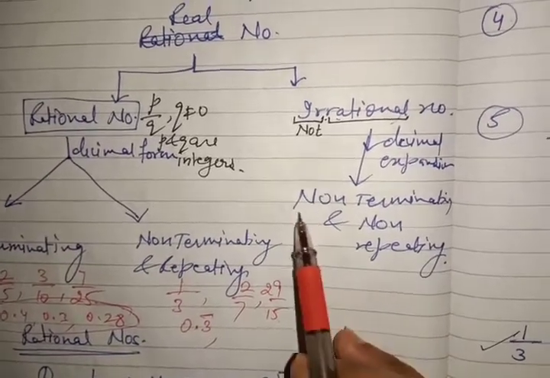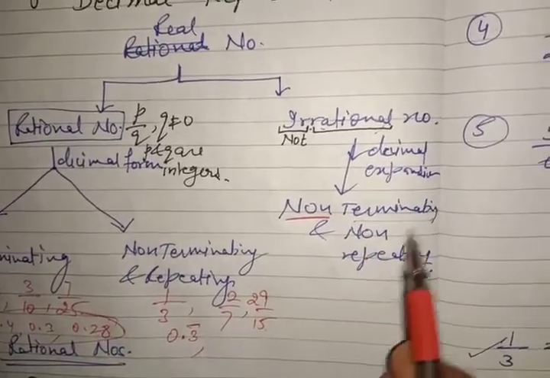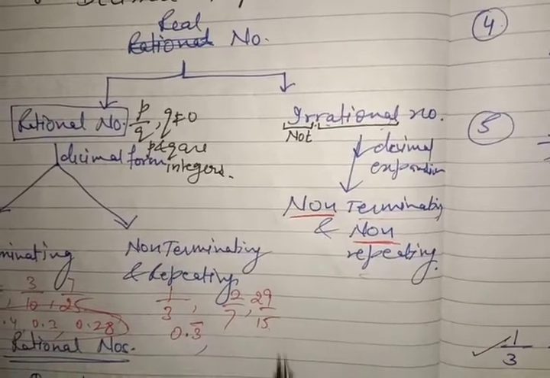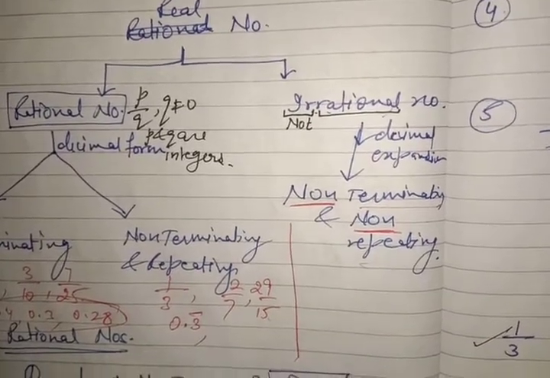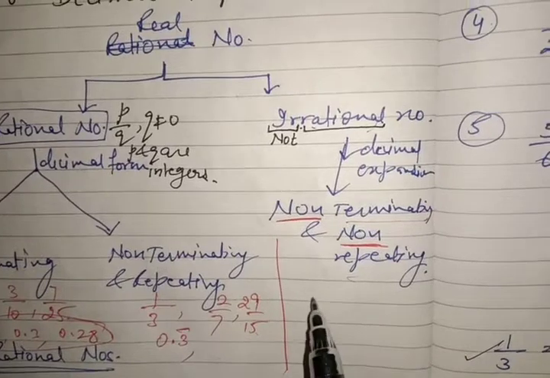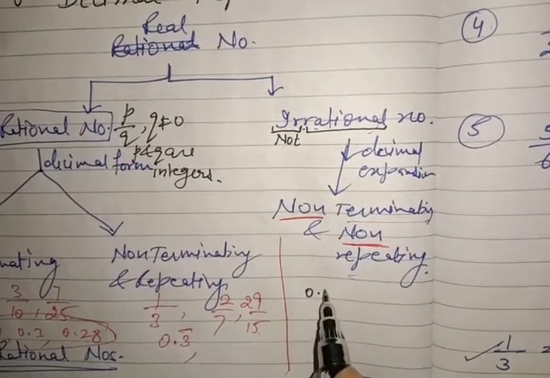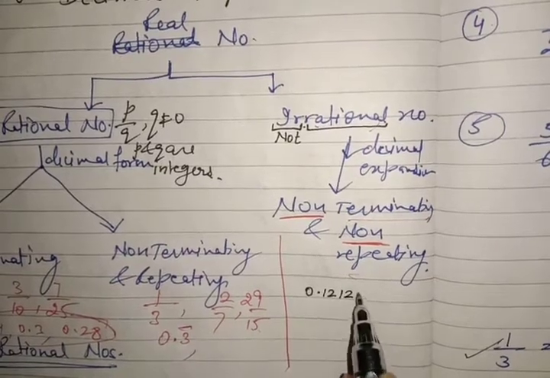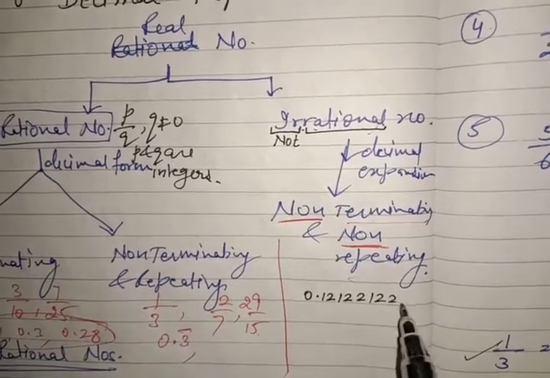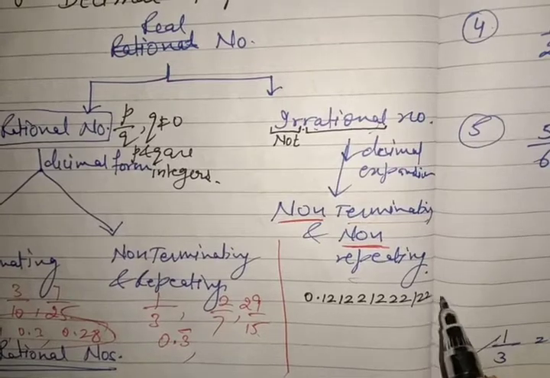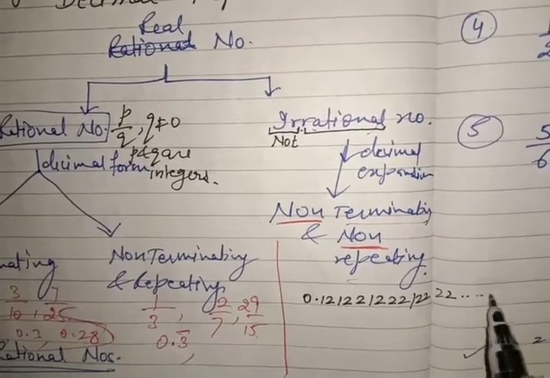How can we write non-terminating and non-repeating? The way is to start writing like this: 0 point, then anything, 1 2, 1 2 2, then 1 2 2 2 and so on.